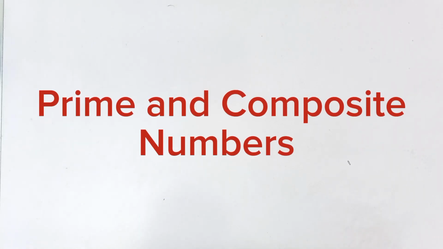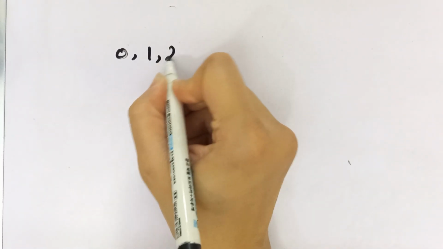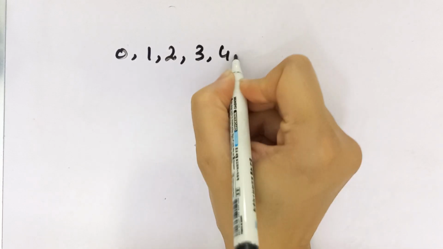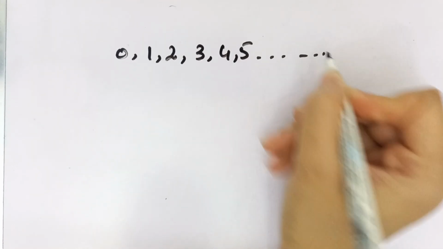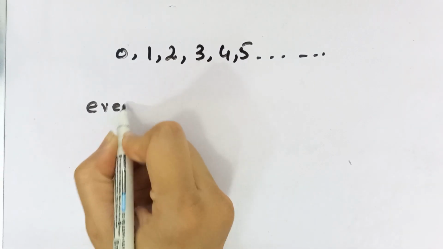Everyone, today we will learn about prime and composite numbers. Now we know that we can classify whole numbers 0, 1, 2, 3, 4, 5, and so on into two groups.